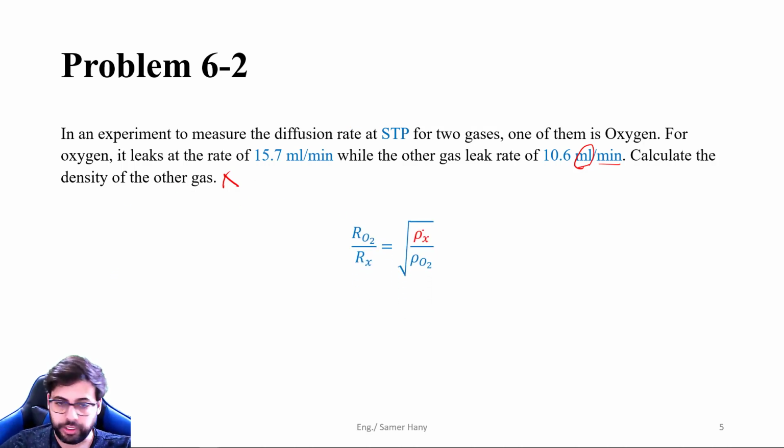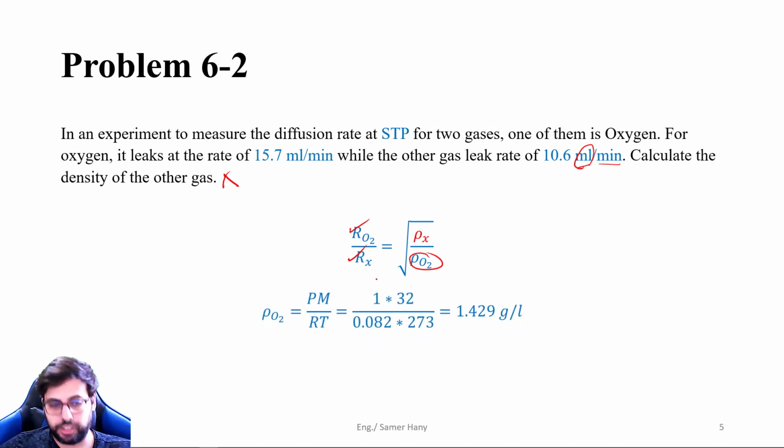So we know that we need to calculate the density from this relation, and we already have the rate of diffusion for both gases. We just need to get the density of oxygen first to be able to calculate the density of gas X. So to calculate the density of oxygen, we can use the ideal gas law in the form of molecular weight and density instead of volume and number of moles.